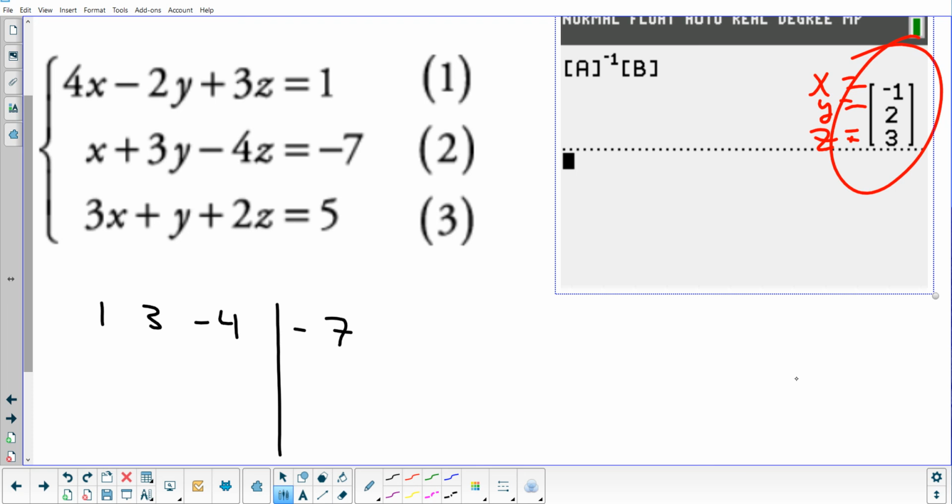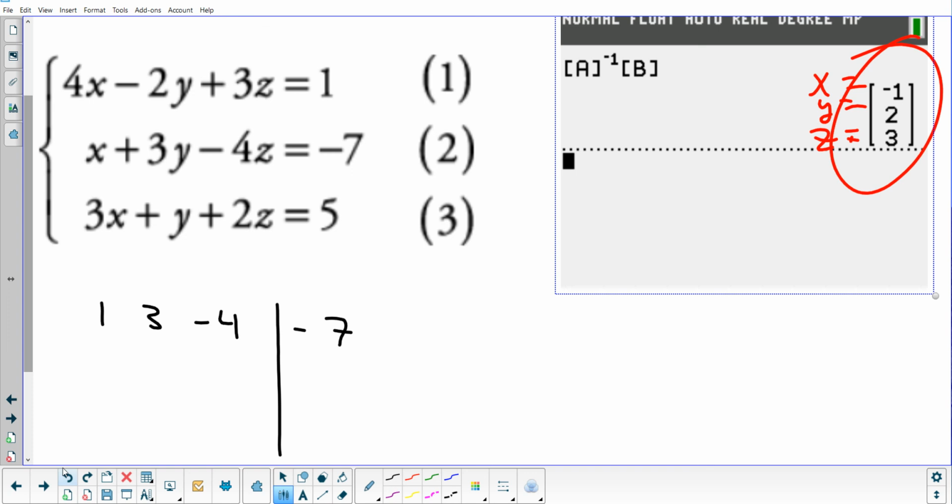All right, so the first thing you probably want to do here, you got to get that 1 in the upper left. So you need to swap to make that happen. If you multiply through by 1/4, I would only do that if all these numbers were divisible by 4. Then I would be okay with that. Yeah, that's pretty much the only time I would do it.